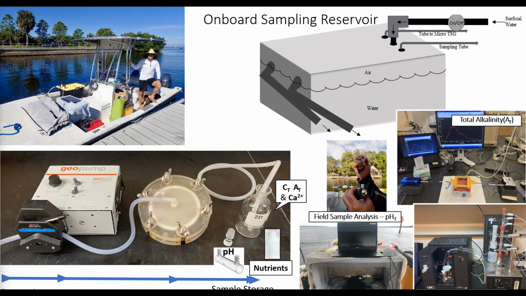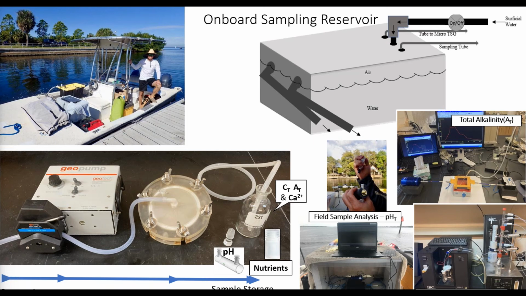Within the reservoir, there was a temperature probe that was plumbed to a thermosalinograph that determined temperature and salinity continuously. And at each sampling event, water samples were collected from the reservoir, first for spectrophotometric pH analysis, which was performed on board.